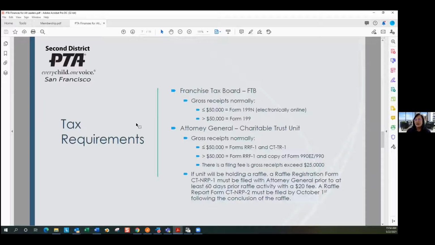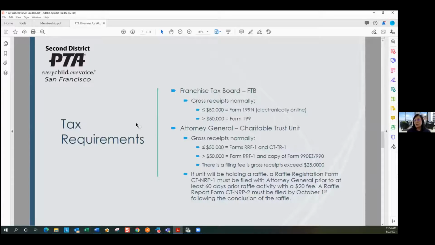Okay. Attorney General, the charitable trust unit: units are required to file a form RRF-1. And if your gross receipts are less than 50,000, you'll file a supplemental form called CT-TR1, because you are not filing the actual tax return. You're just doing that simple electronic one.